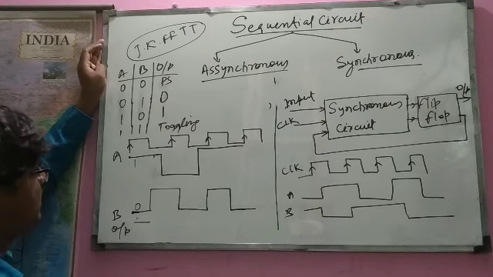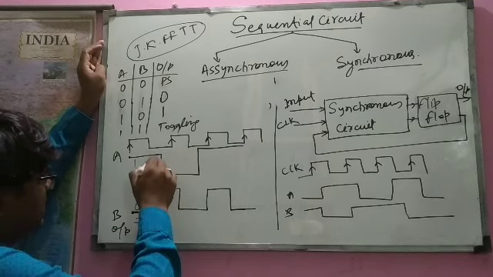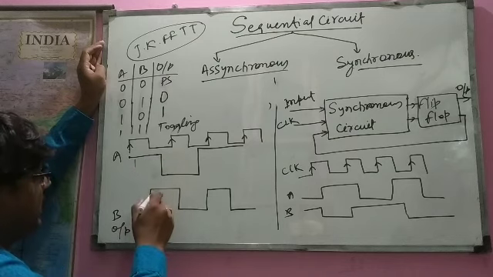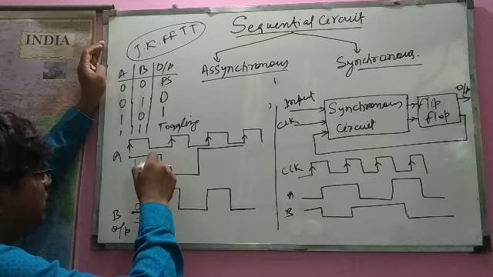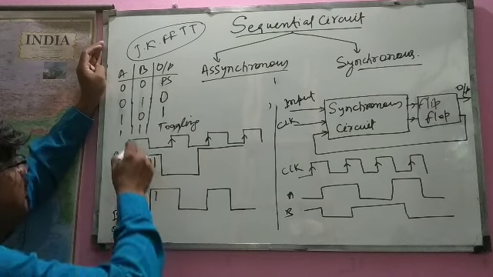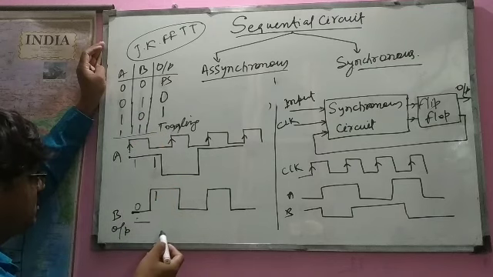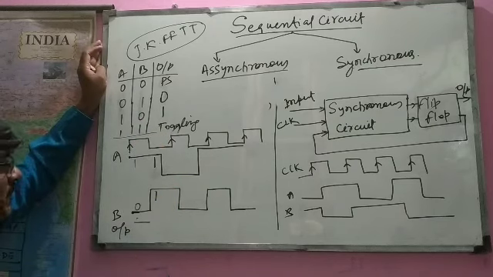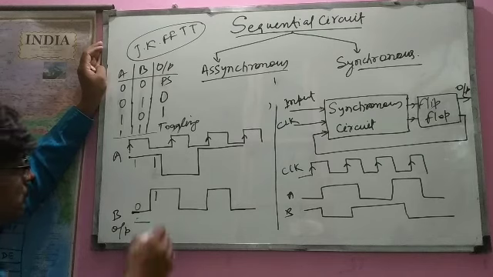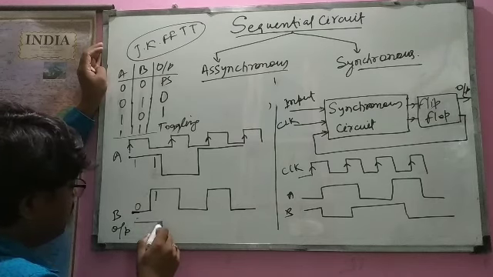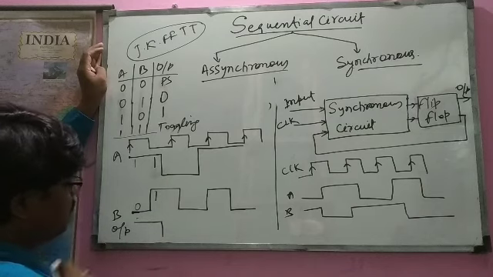Now here it has changed from 0 to 1, and it becomes 1 and it also becomes 1. So 1 1. What will be the case? Toggling means if it was 0 it will become 1 and if it was 1 it becomes 0. So here at this point it is 1, so it will become 0.